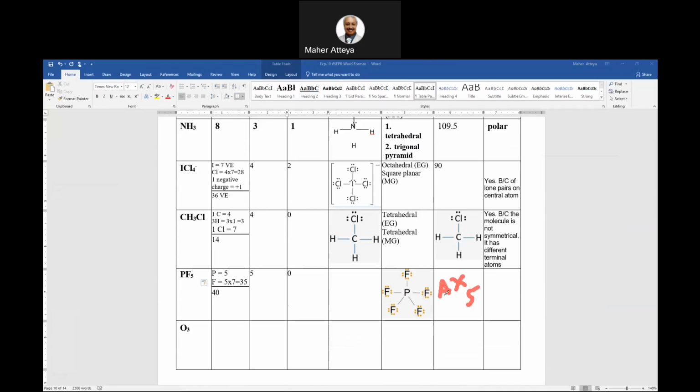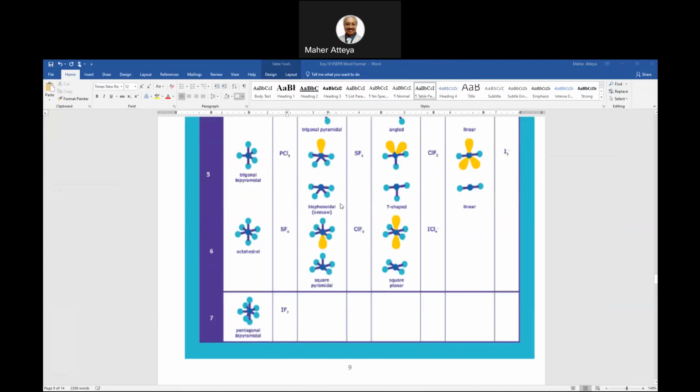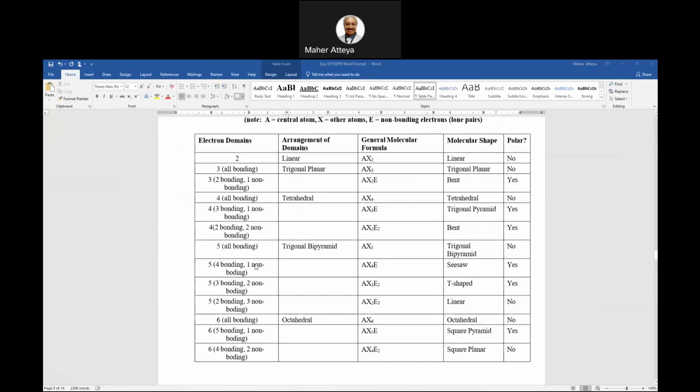What will that be? So what is AX5? If you don't know, you go back and look into the whole thing here, AX5. So you come here and then you look at the AX5, correct? This is 6. There is AX5. See here, trigonal bipyramid. So here there's no lone pair, correct? 5. 1 lone pair, there's none.